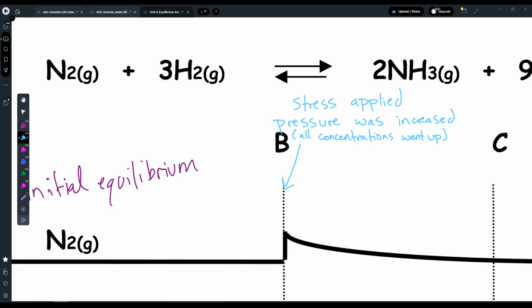And how this happened was because the volume of the container got decreased. Okay, so remember that pressure and volume are very closely linked. And remember, what happens to one, the opposite's going to happen to the other.